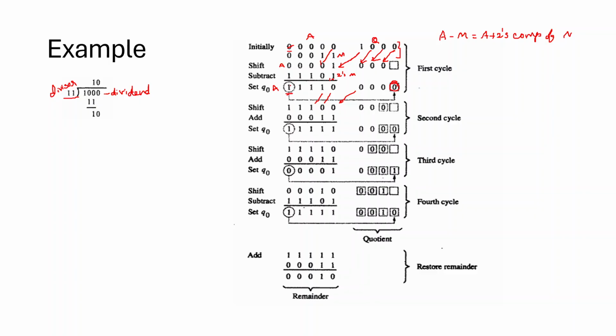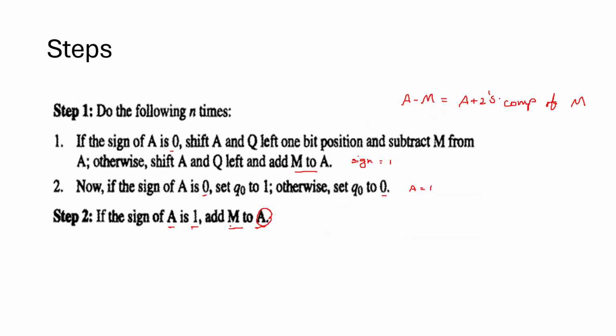This bit will be discarded and this will be empty. After the shift, this is the value of A. Then I am adding M. This is M, right? So 1 1 1 plus 0 1 1 1. If the sign bit of A is 1, you have to set Q0 as 0.